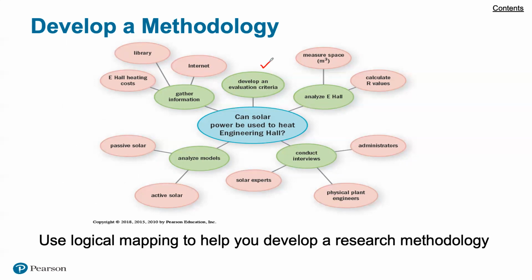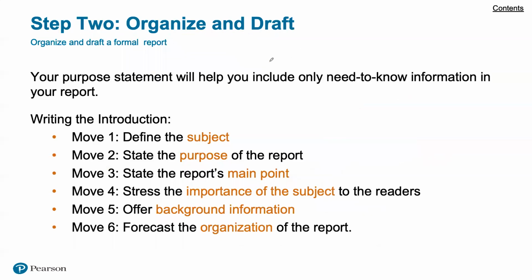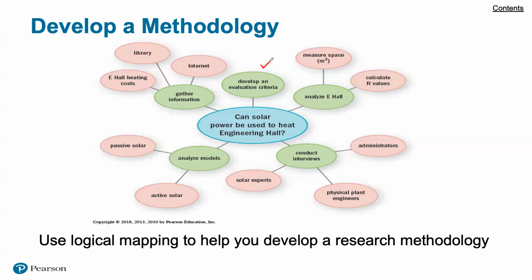Maybe you have 3 or more evaluation criteria to help you do an analysis of alternatives. Then after that, you can do the analysis. And so you can be measuring things, you can be calculating things with statistics. That's something that you can do. You can conduct interviews, say with administrators, the physical plant engineers, or solar experts.